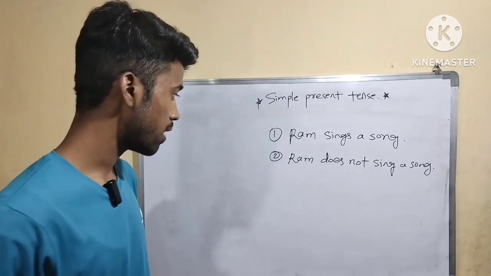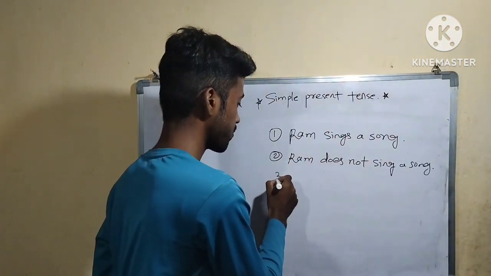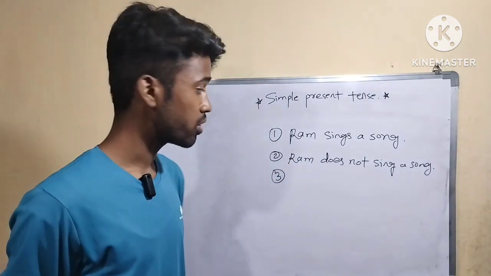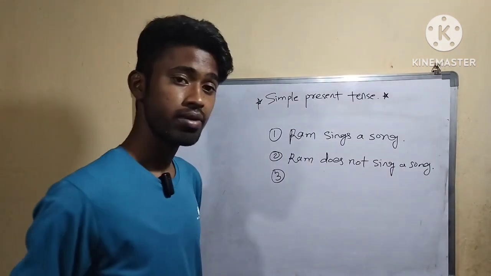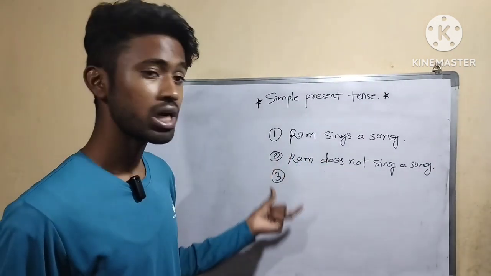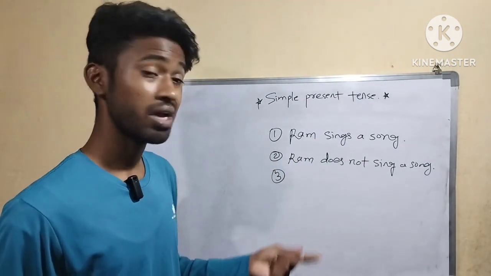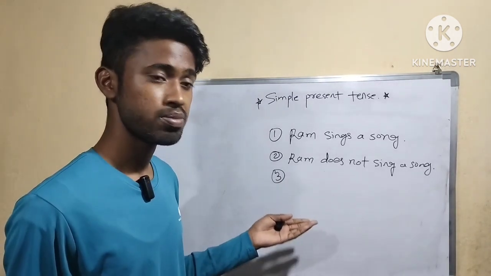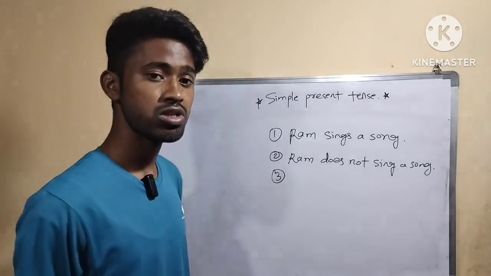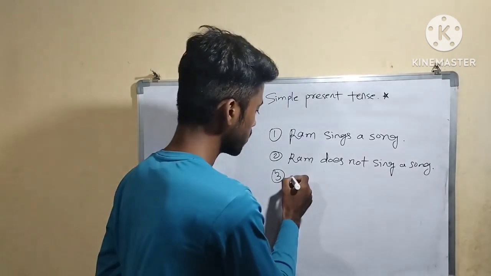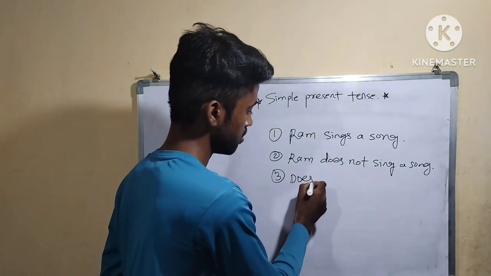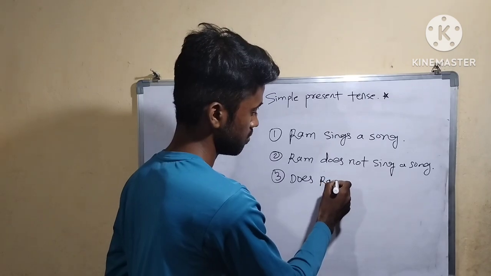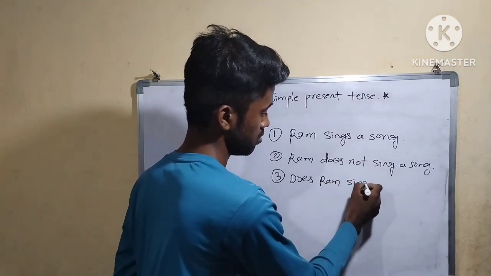Here does is there. Now let's take the verbal question. In the verbal question, the verb will come first. Here the helping verb, not the main verb. Only the helping verb will come at the first position. Here what is the helping verb? Does is the helping verb. So, does Ram sing a song?